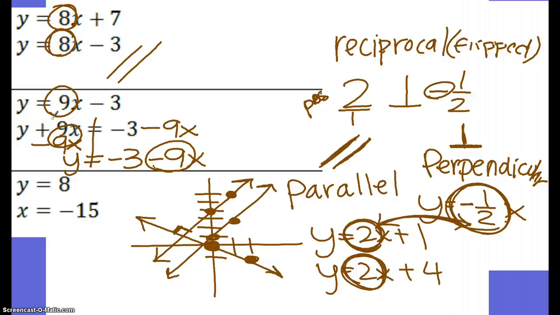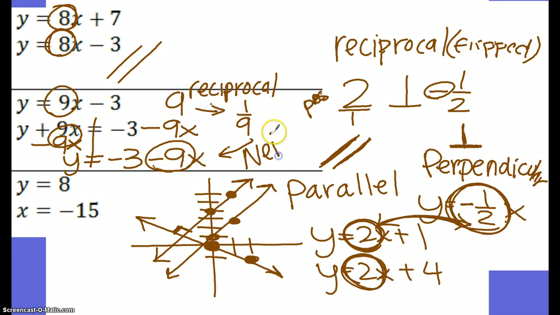But are they perpendicular? Well, they have different signs. But if I were to do the reciprocal of the number 9, I'd get 1/9. And since there's not a 1/9 there, this is neither. These are not parallel. They're not perpendicular.